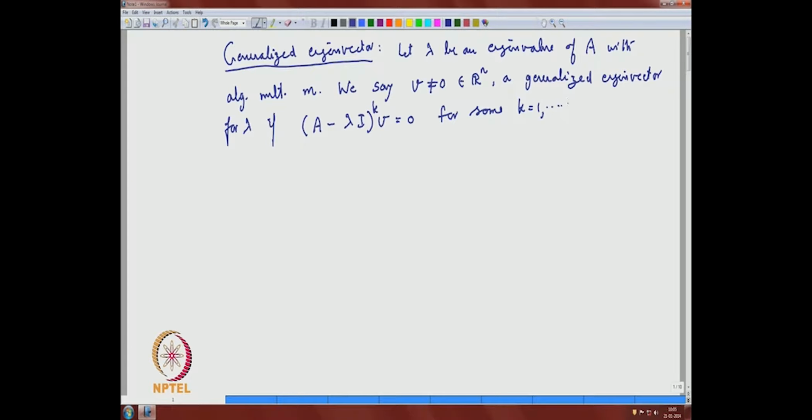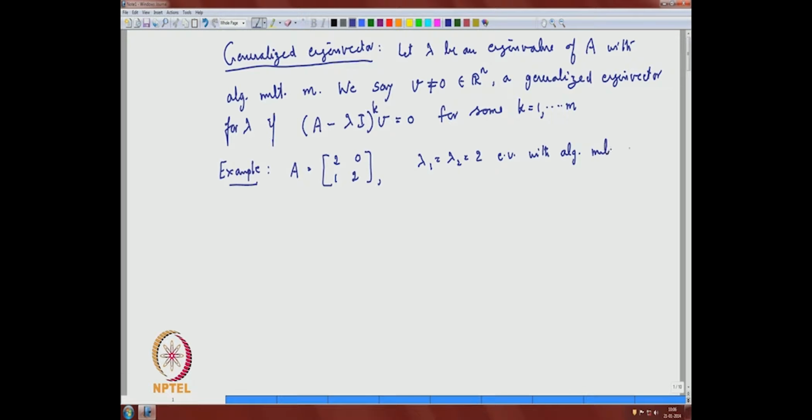You will note, in the example, most of the parts are exercises. Look at this matrix A equal to 2 0 1 2. So, lambda 1 equals lambda 2 is the eigenvalue with algebraic multiplicity 2.